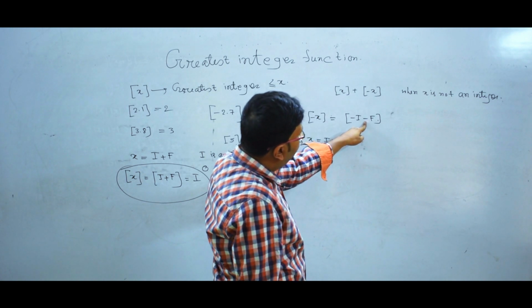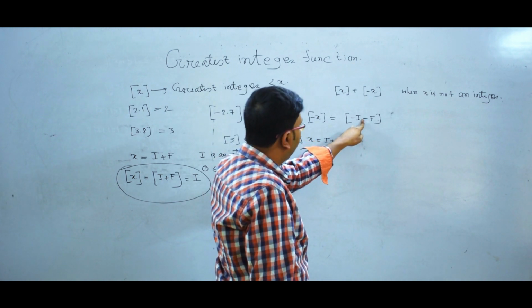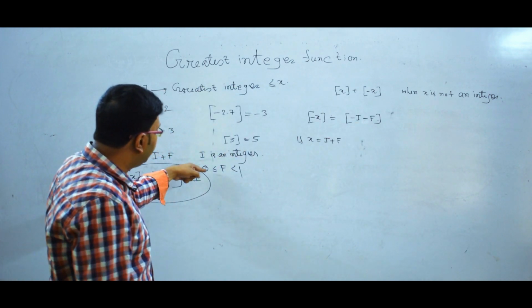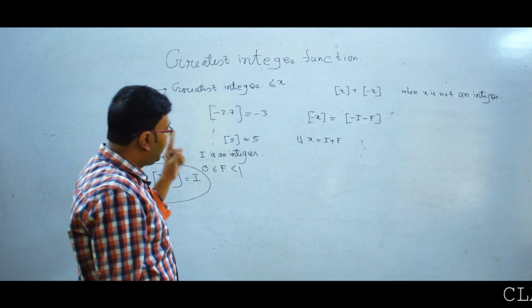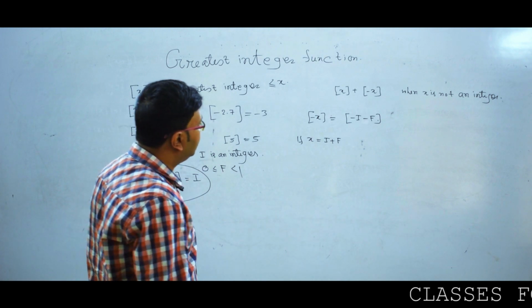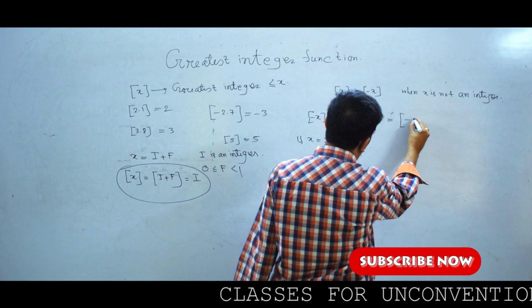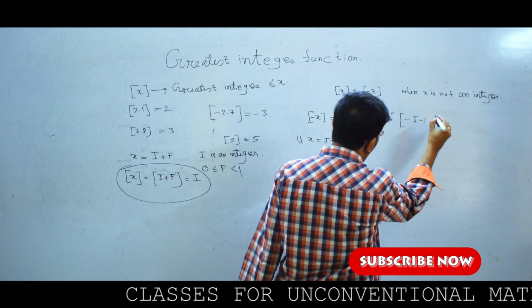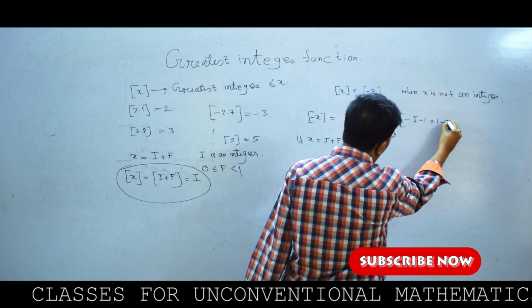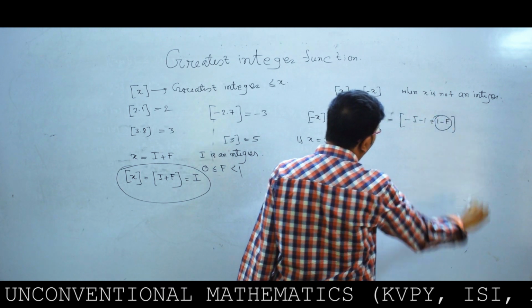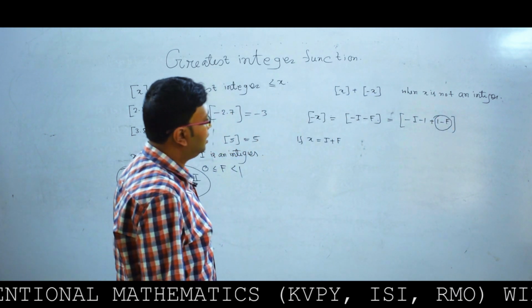Therefore, we have to convert this fractional part into the region such that it lies between 0 and 1. So how can I do this? We have to write minus I minus 1 plus 1 minus f. Now this is the fractional part which lies between 0 to 1.